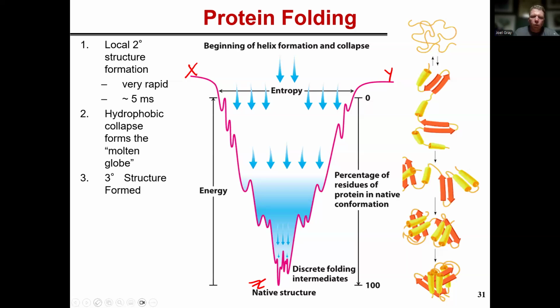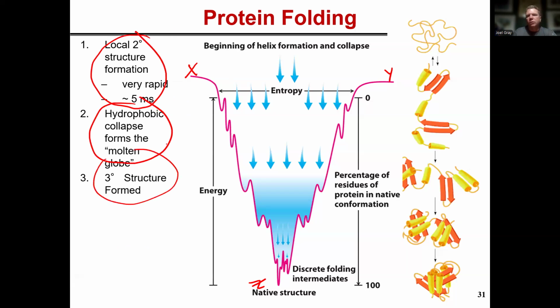Some proteins are going to, and whenever I say X and Y, this is the exact same protein. But some copies of one protein are going to take the route of, well, I'm going to fold all my secondary structures. And then all my hydrophobic residues are going to collapse in on one another.